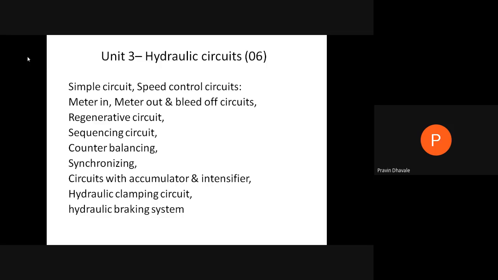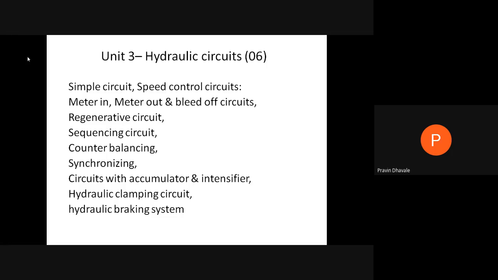The third unit is hydraulic circuits. Hydraulic circuits are nothing but a combination of different hydraulic devices in order to achieve certain mechanical work in a specific mechanical application.